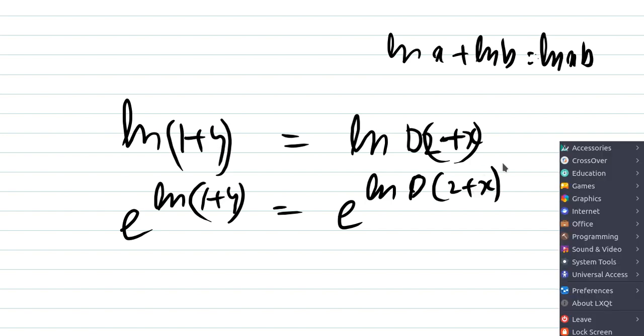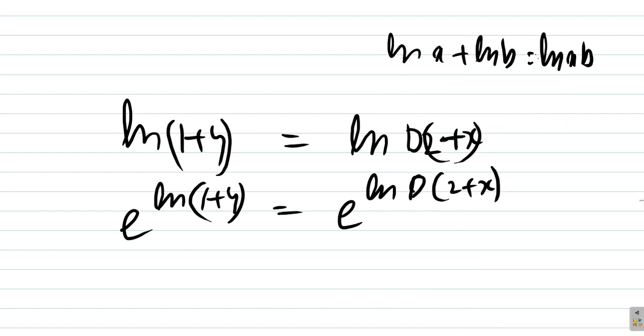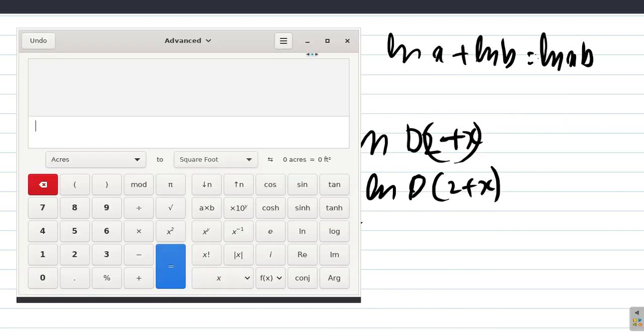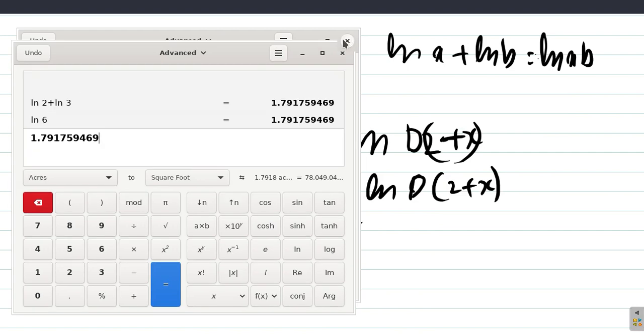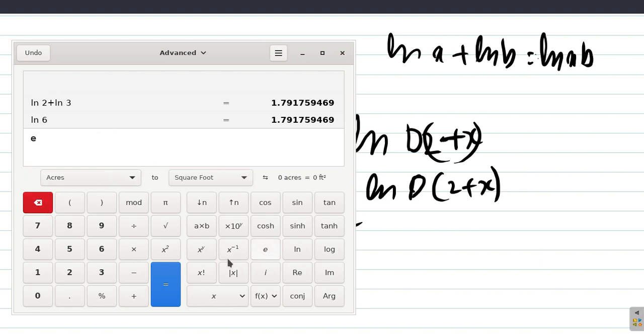Now remember what happens when you say e to the ln of a number. For example, suppose you say e raised to the power of ln 2. What do you get?